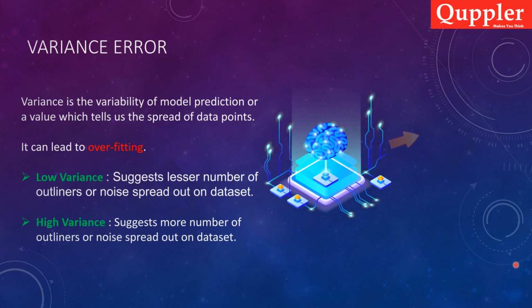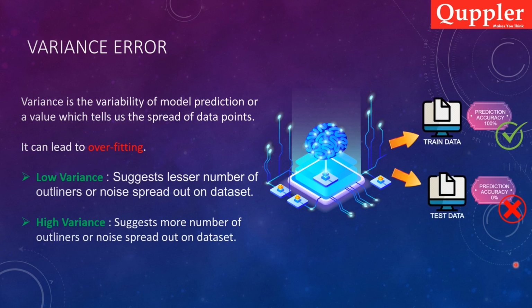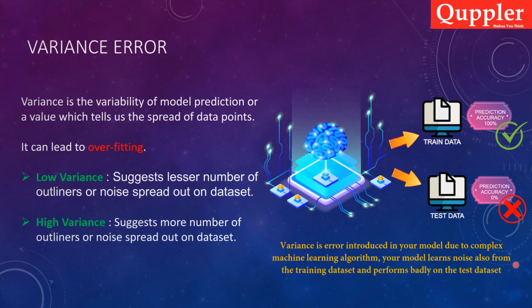It will perform very well on our training data set, whereas it will perform very poorly on our test data set, or the unseen data set. To sum up, variance is an error introduced in your model due to a very complex machine learning algorithm, where the model learns from the noise as well as the training data set and performs very badly on the test data set. So this was about variance error.